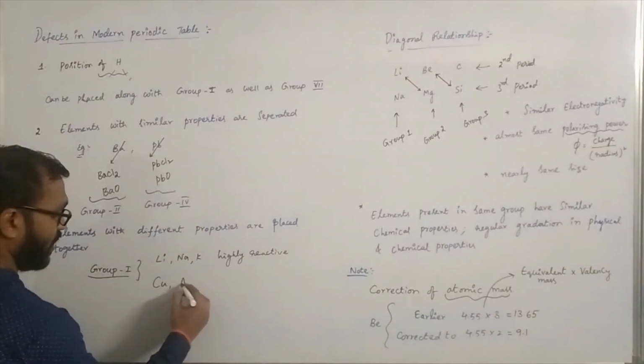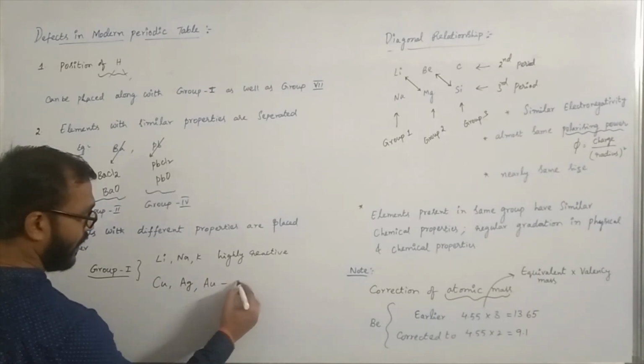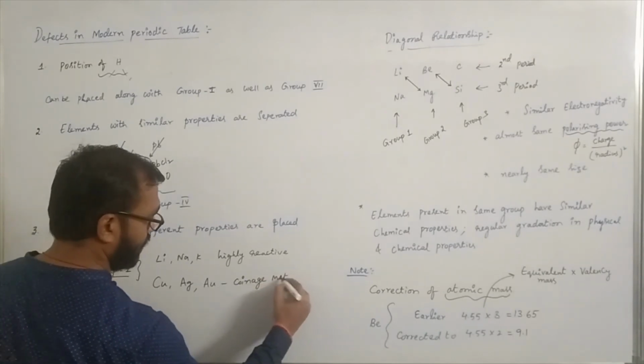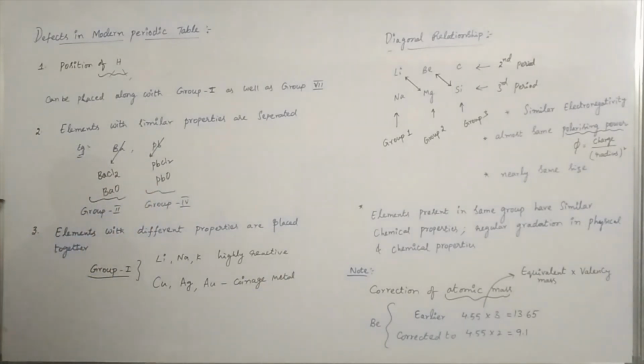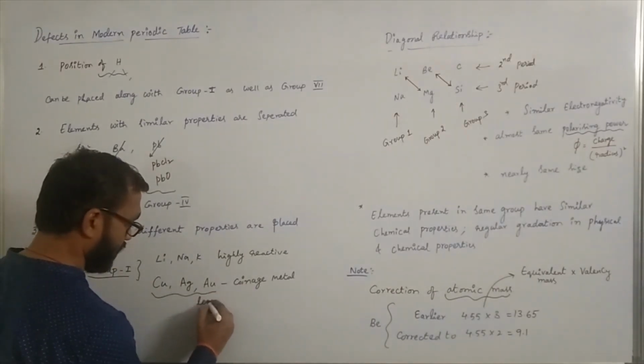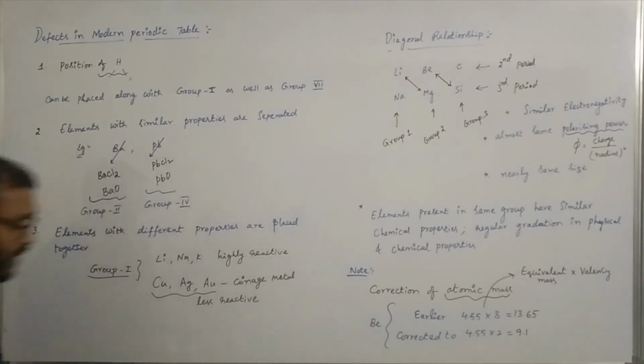Whereas copper, silver and gold are called coinage metals. We also call them inert metals because they are less reactive. So more reactive elements and less reactive elements are kept together.